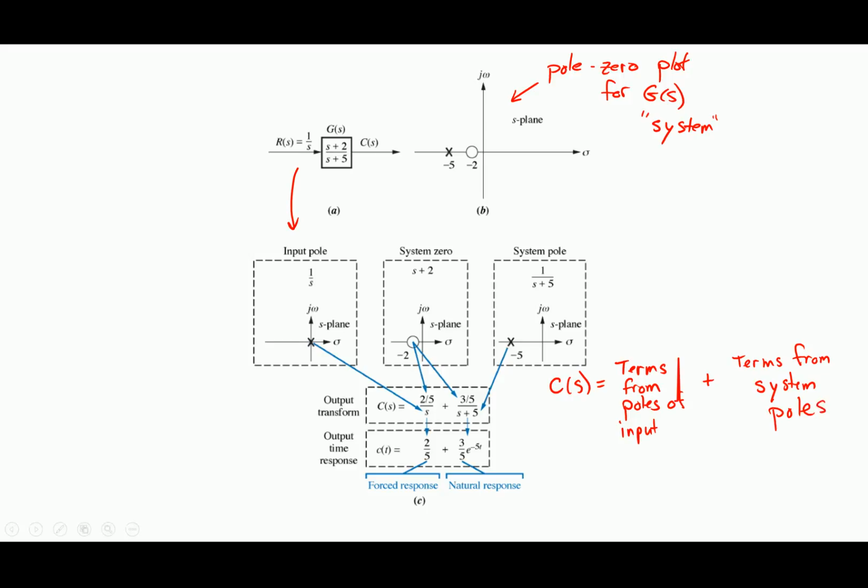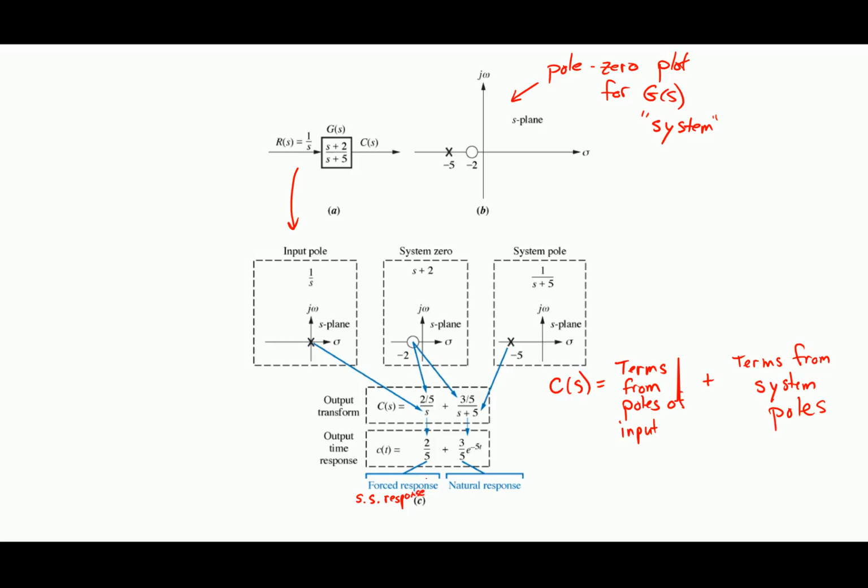Ultimately, this is the key piece. The terms from the poles of the input give me the forced response, or what I sometimes call the steady state response.